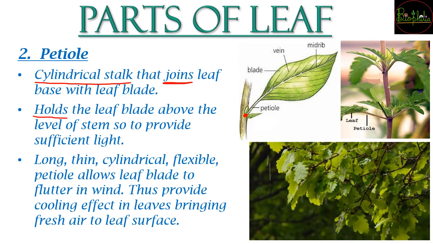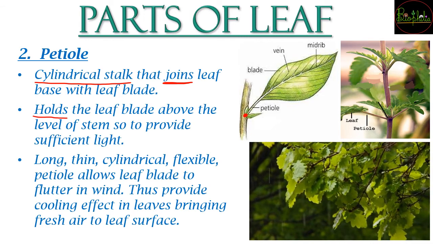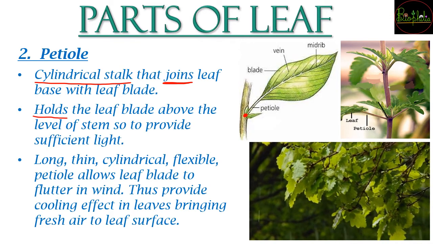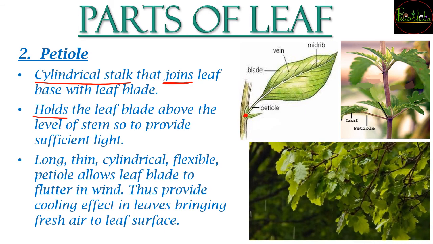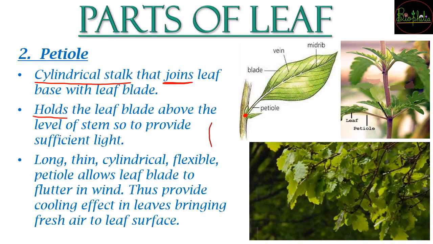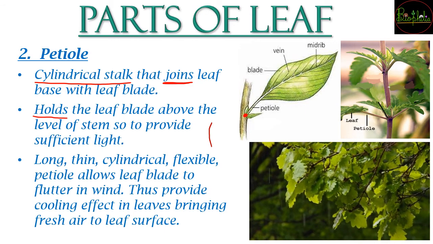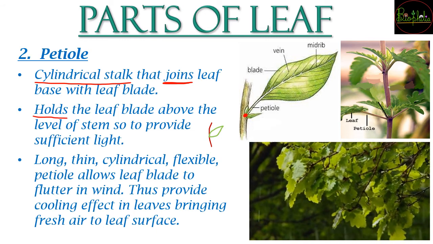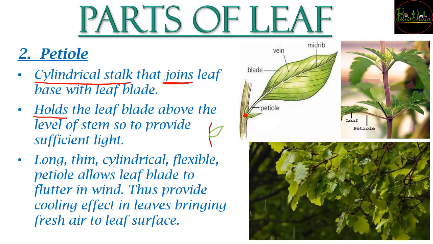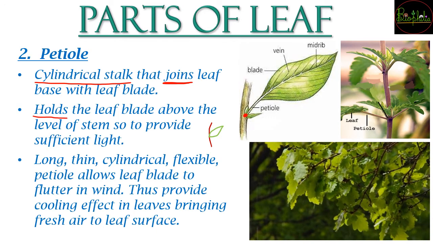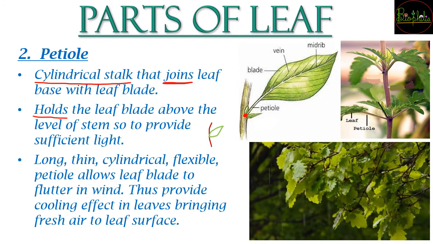So if there were no petiole, if you might have seen in lower classes or young children's drawing classes, sometimes they draw leaves which directly grow from the stem. Directly growing from the stem means they have not shown the petiole. But generally, how do you make a leaf?